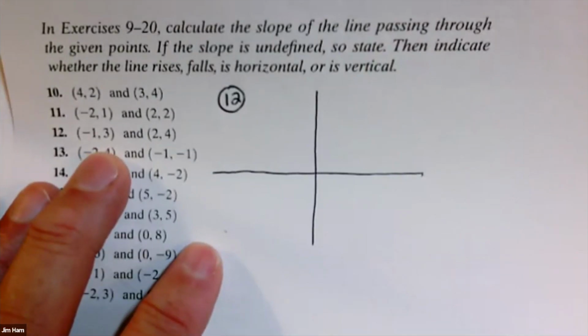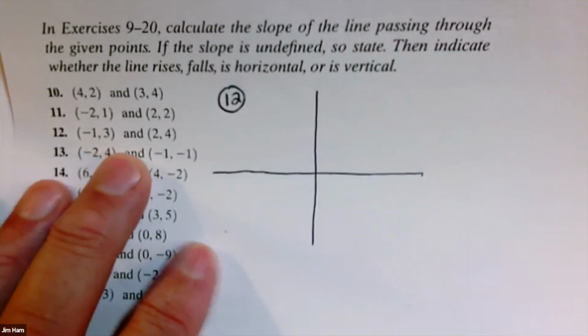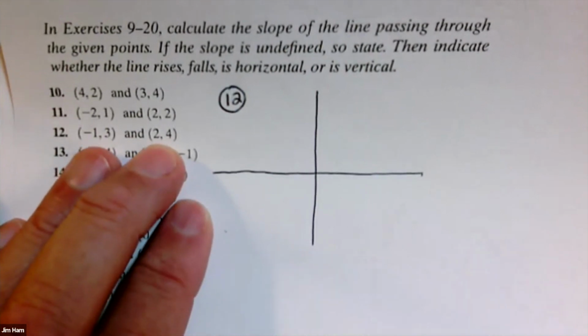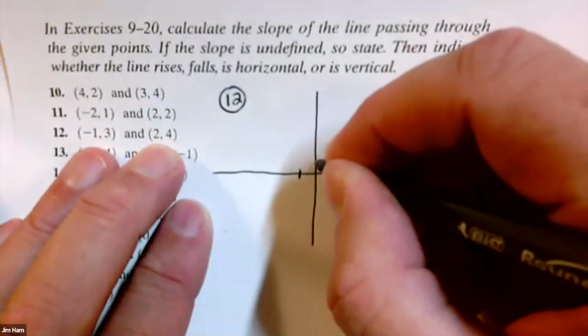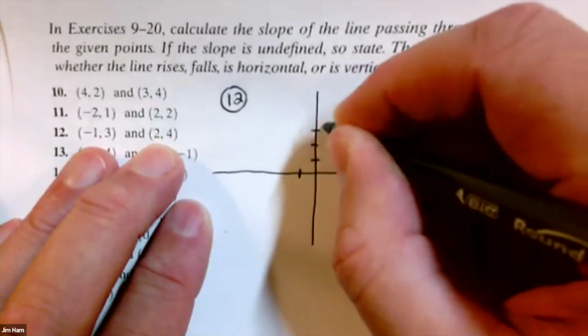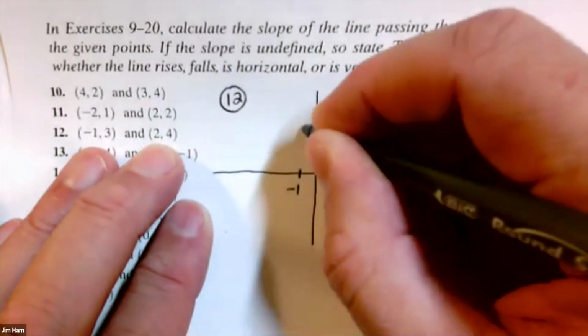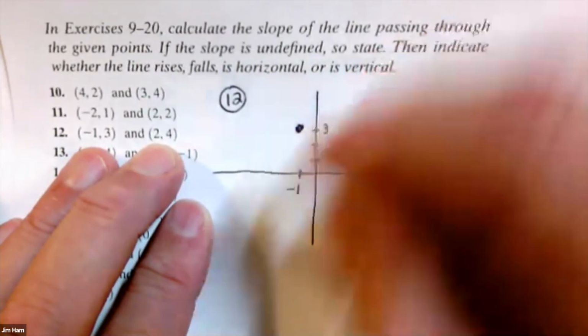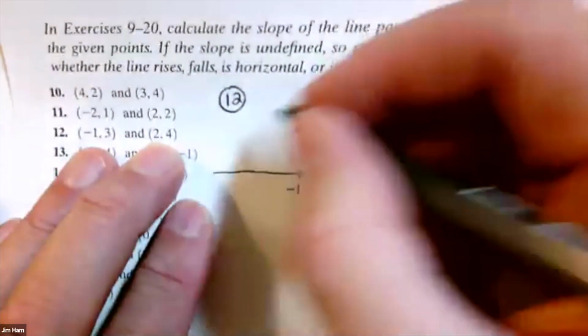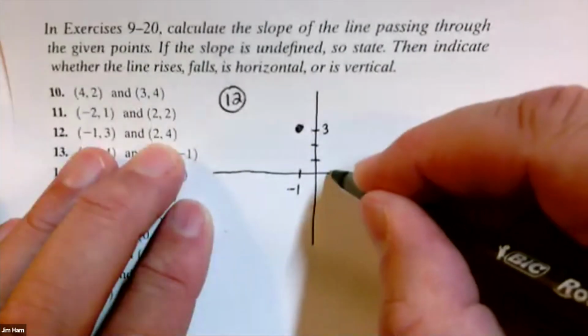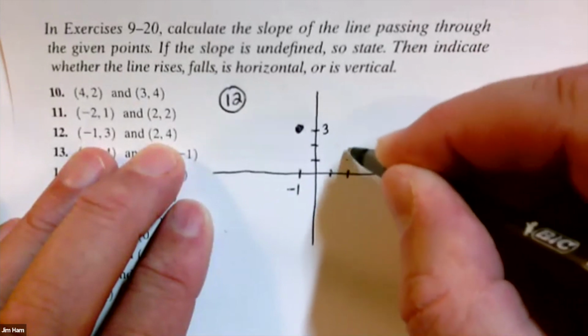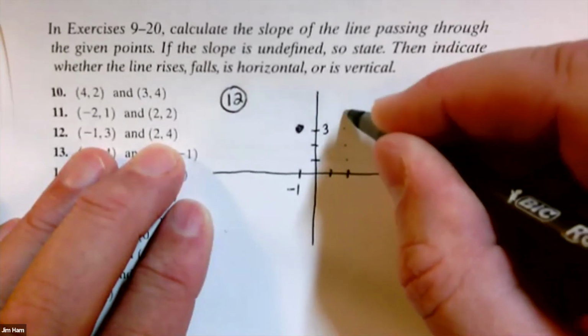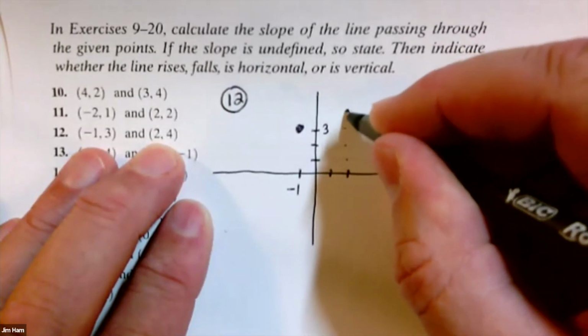The more connections that you can see between these problems, the better you'll be. So -1, 3. There's this point right here. And 2, 4. Be about right there.